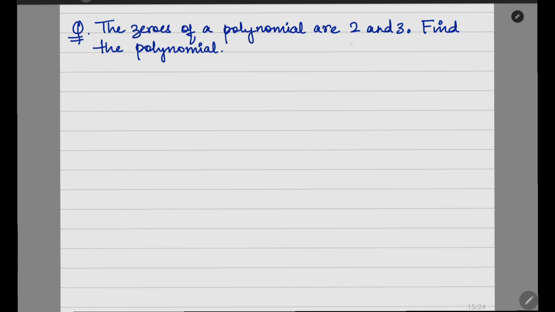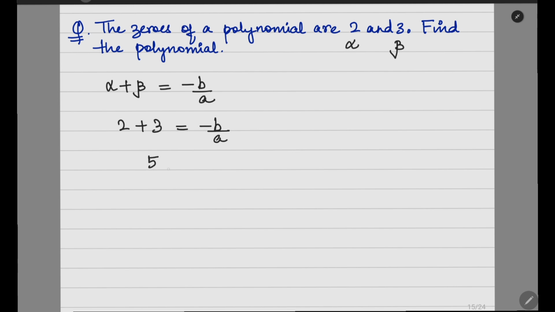Okay, so let this be alpha and let this be beta. Now you know that alpha plus beta should be equal to minus b by a.